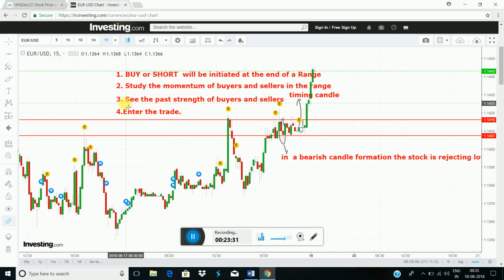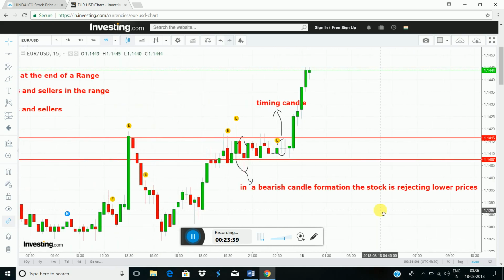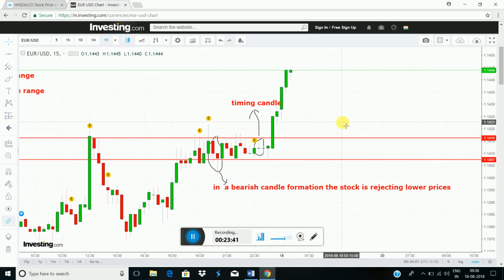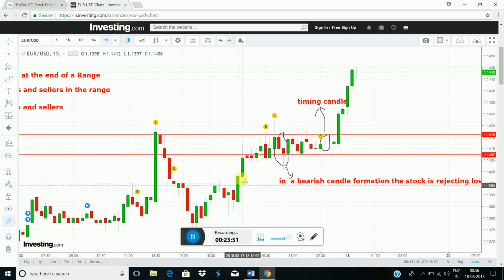Now my third rule is see the past strength of buyers and sellers. Now before this range was formed, what happened? You see these two big bullish candles.